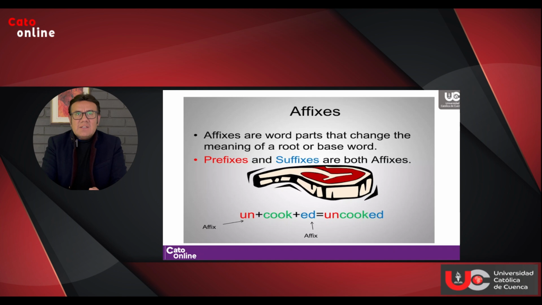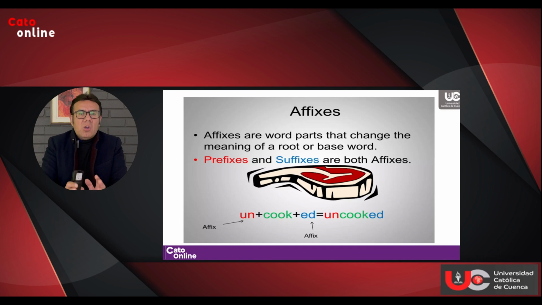So affixes are words or parts that change the meaning of the root of the word. For example, prefixes and suffixes are both affixes, okay? You can see right now on screen the word cook.